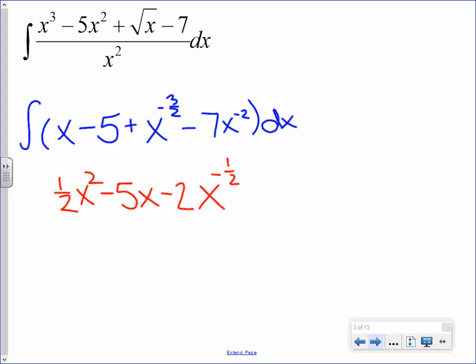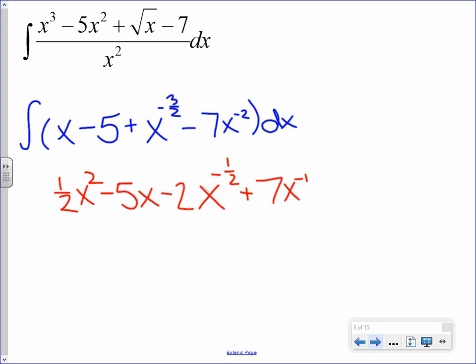All right, and then negative 7x to the negative second. April, what would that become? Good. We have to increase the power by 1, which means we go to negative 1.